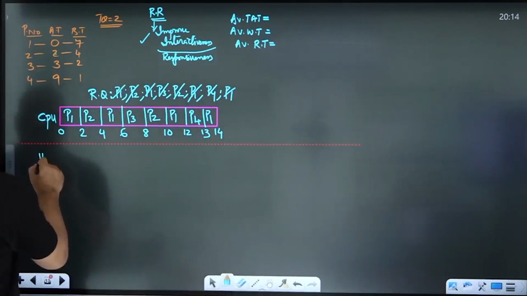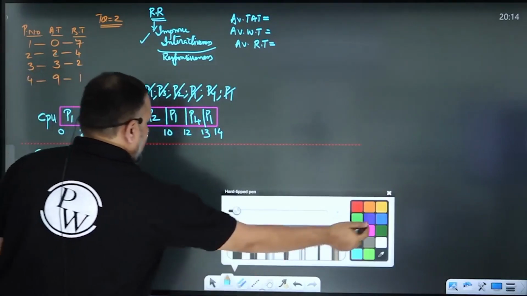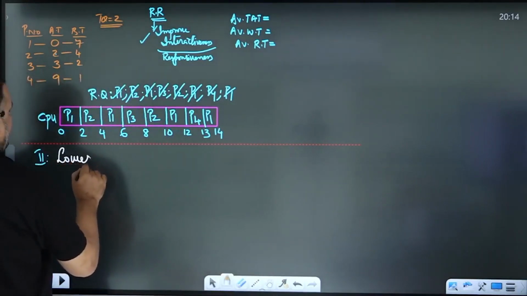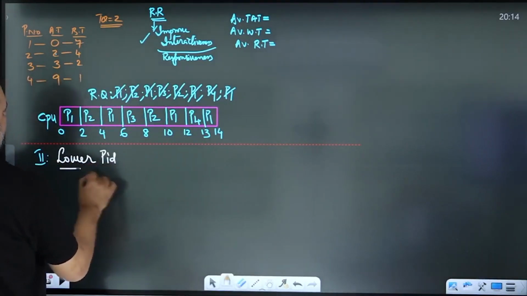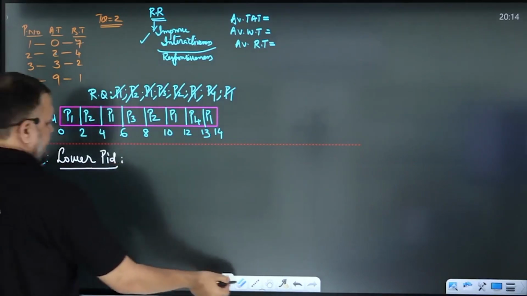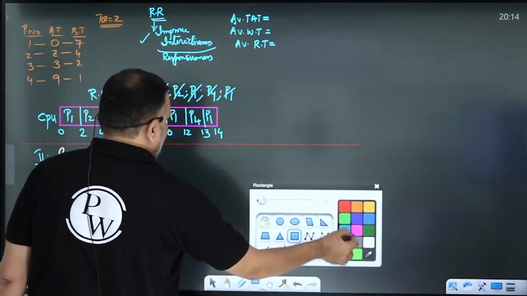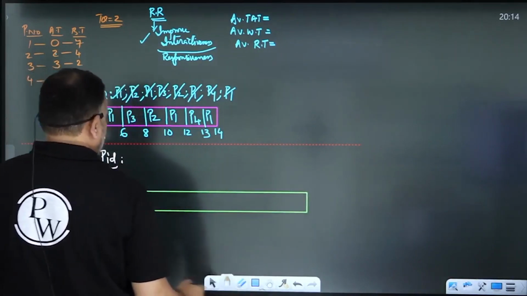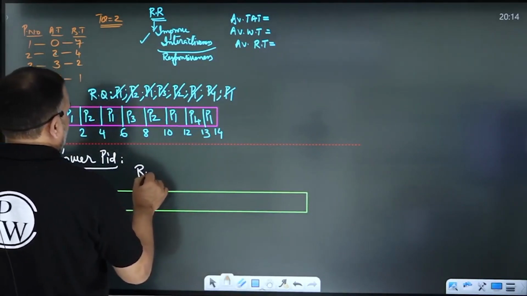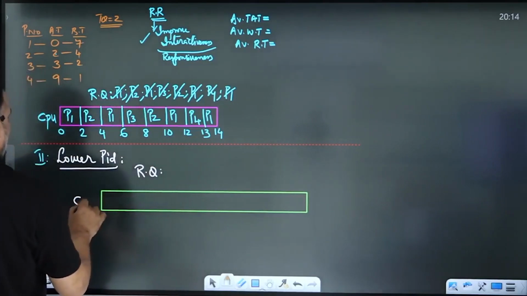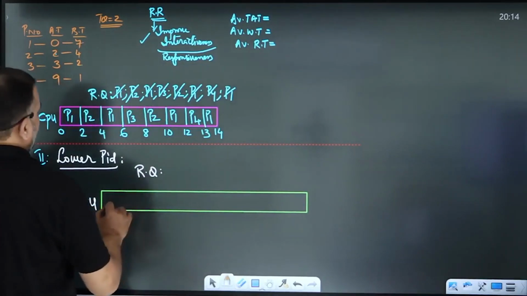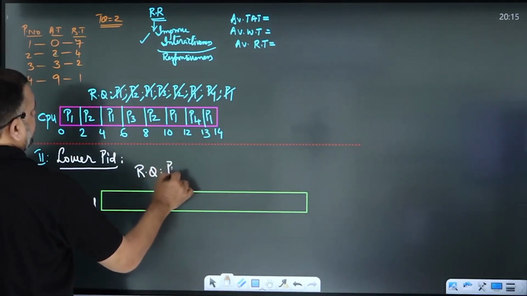So here, the second instance, I am working out with lower process ID. What is the difference? Okay, this is the ready queue. This is the CPU, time 0. Let's start. At time 0 we have got P1 as usual.